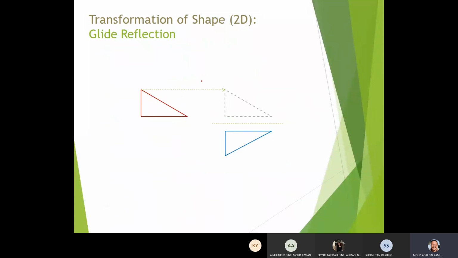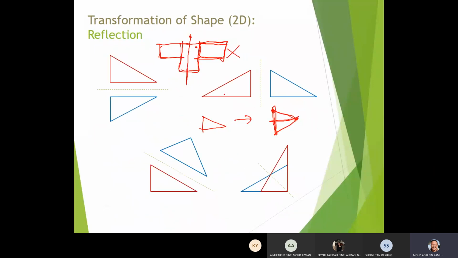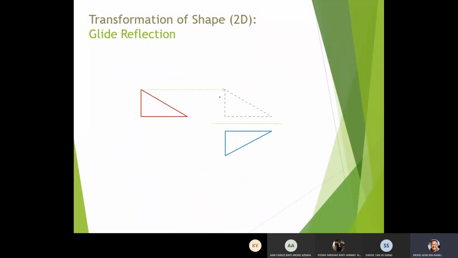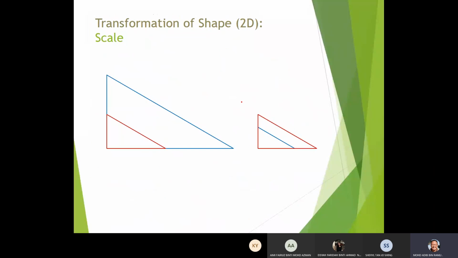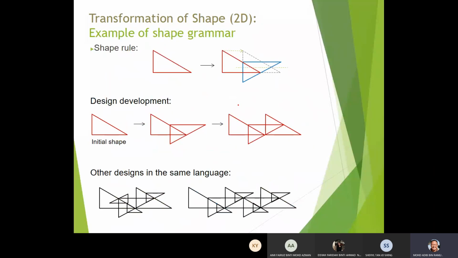So basically, it's more or less the same as the rotation or reflection like this. But again, maybe the transformation is not going to be that interesting. Okay, transformation of shape.